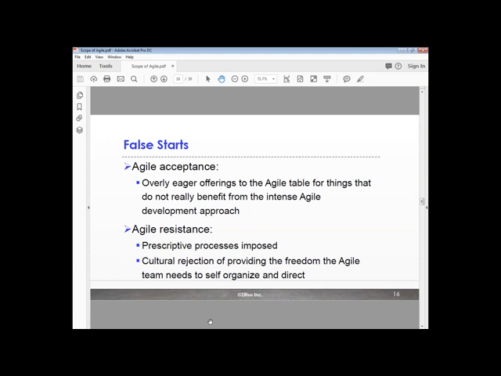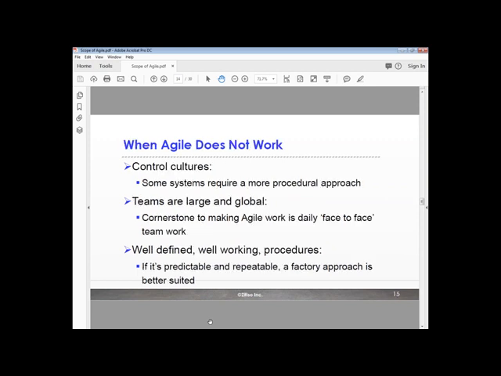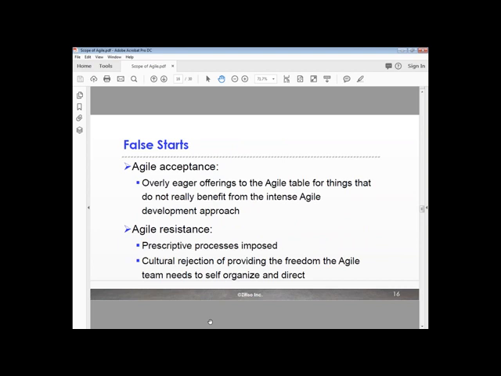Recall the previous slide: when it doesn't work, also look at where it does work. So if we're not really needing Agile, if we don't have a high degree of uniqueness, if it isn't really complex, if we already know all the requirements up front, then it's really a false start.